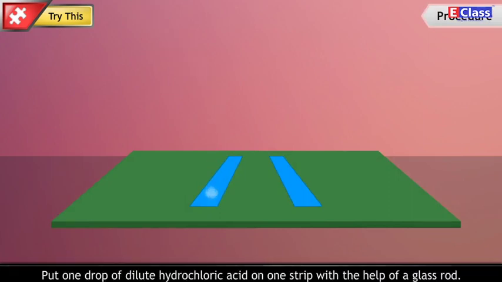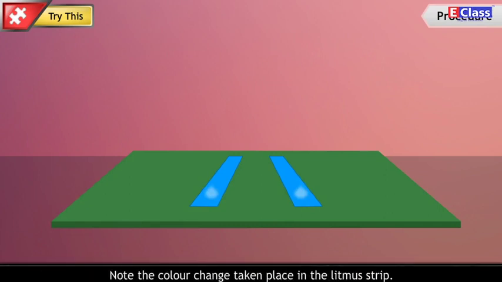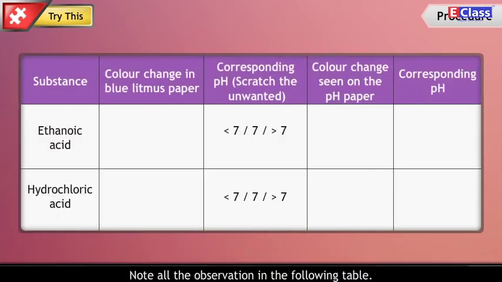Put 1 drop of dilute hydrochloric acid on one strip with the help of a glass rod. Put 1 drop of dilute ethanoic acid with the help of another glass rod on the other strip. Note the color change that has taken place in the litmus strip. Repeat the same procedure using strips of pH paper. Note all the observations in the following table.